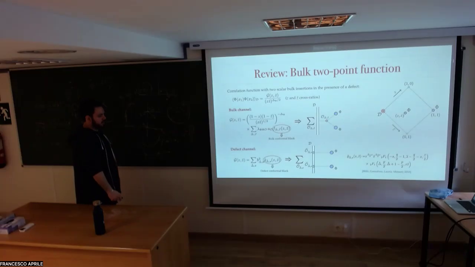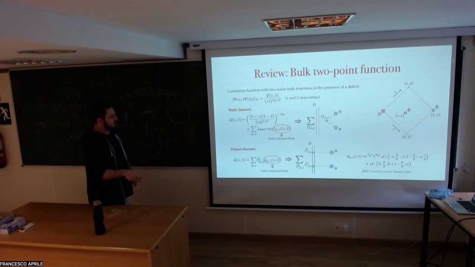While for the defect channel, we employ twice the defect OPE on the bulk operators, and we can write down the reduced correlation function as a sum of defect conformal blocks, which are labeled by the conformal dimension of the operator exchanged in the defect and their transverse spin. Here we do not have a parallel spin because we have scalar operators in the bulk.